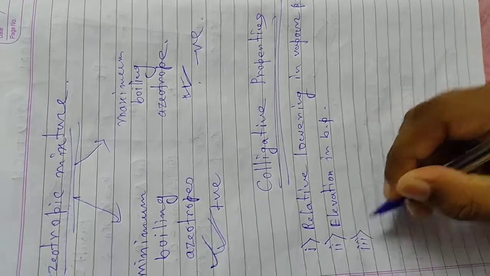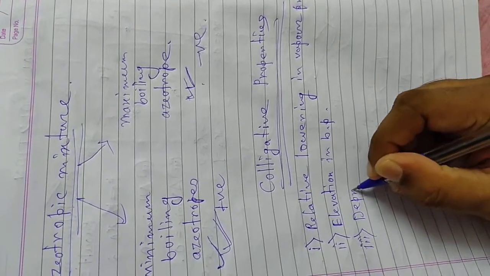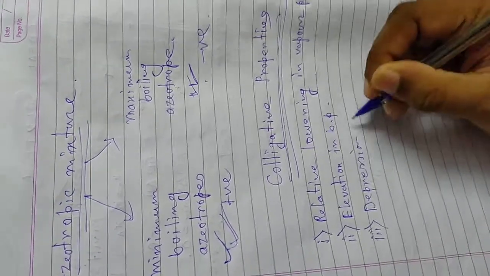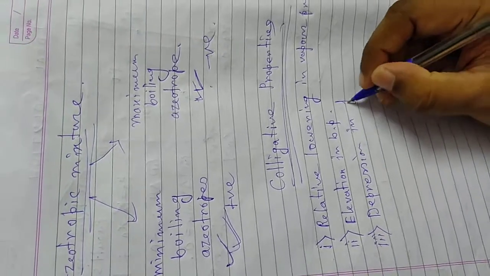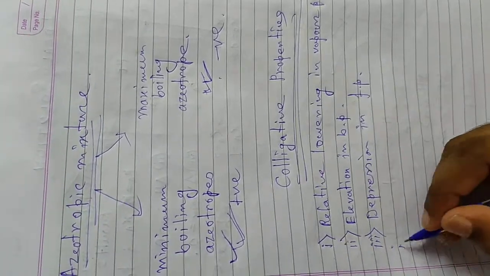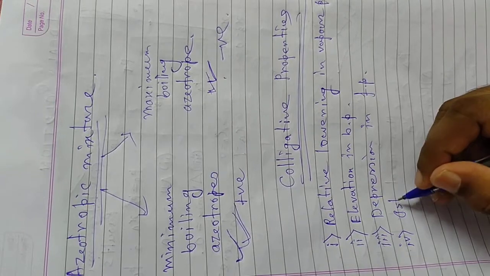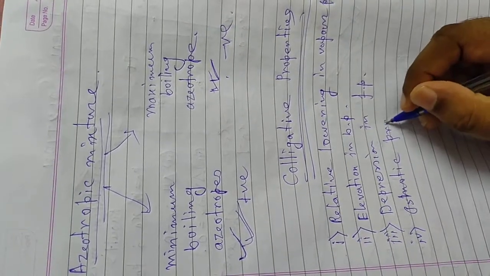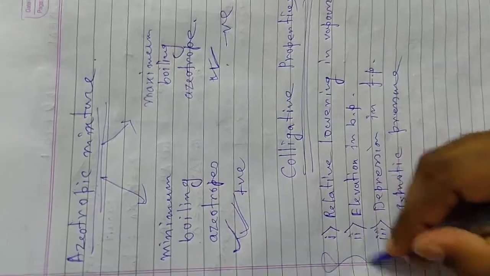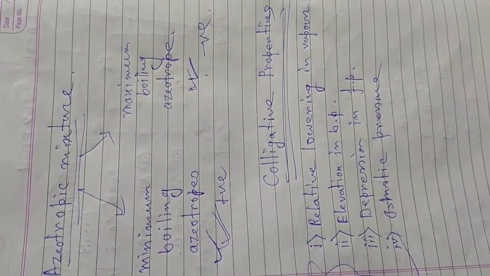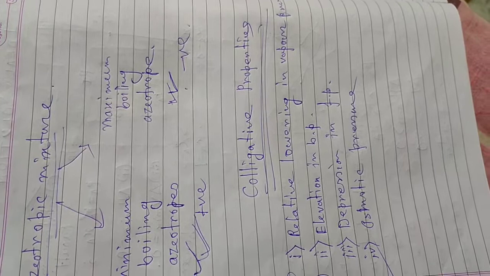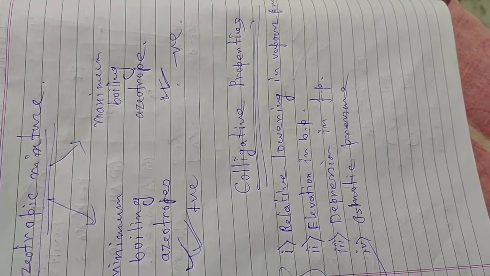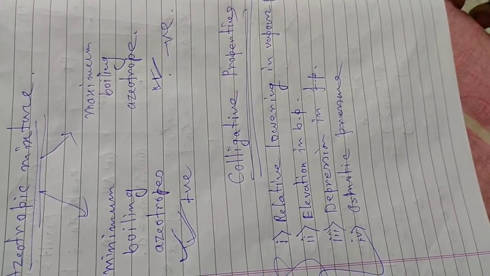Number three, depression in freezing point. And number four, osmotic pressure. These four properties are to be discussed and elaborated in this chapter. Let us start with the first one, relative lowering in vapor pressure.